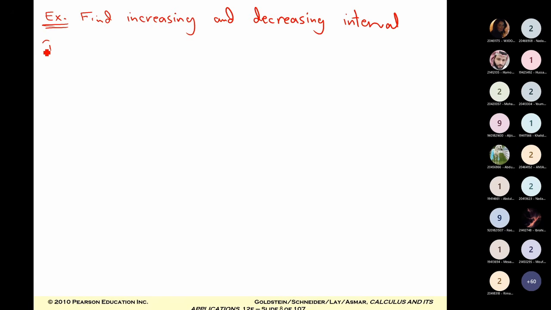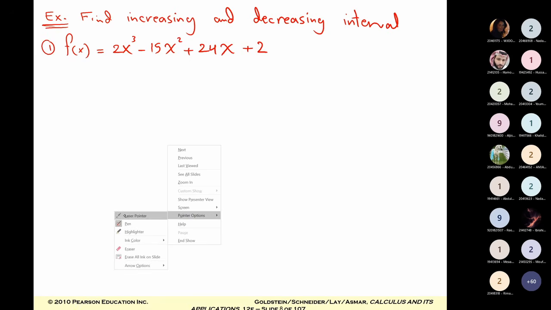Number 1, f of x equals 2x to the power 3 minus 15x squared plus 24x plus 2. Now the solution.